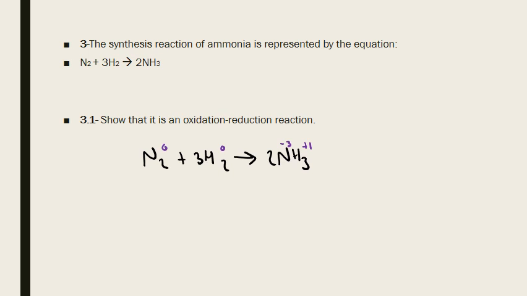Or we can do that by a calculation. From N2 to N in the NH3, the oxidation number has decreased because it went from 0 to minus 3. So therefore, this is reduction. From H2 to H, the oxidation number has increased, therefore this is oxidation.